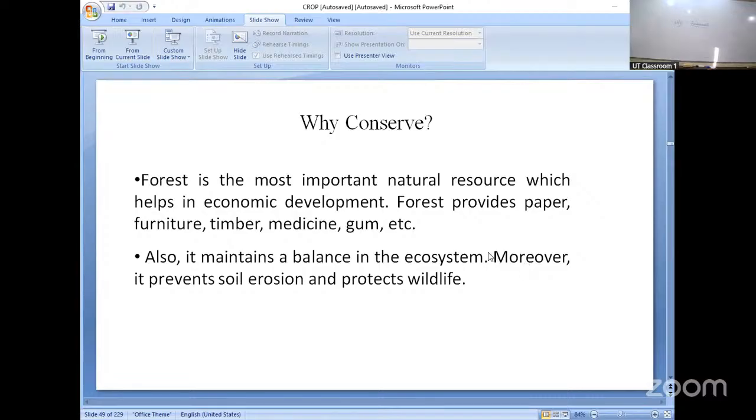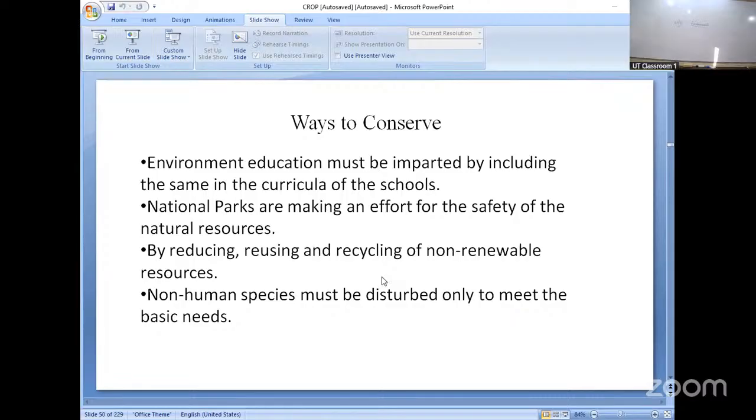And apart from that, the forest gives us medicines, timber, gums. So for the maintenance of the ecosystem, there should be conservation of all these resources.